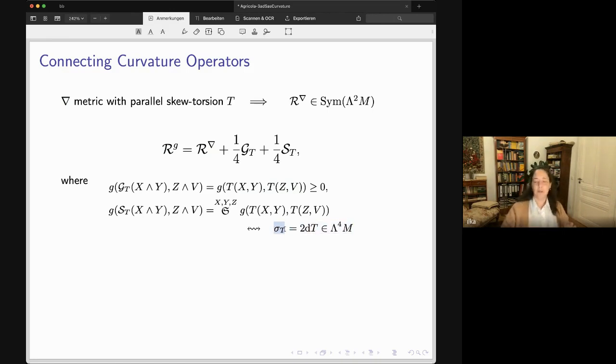Sigma T captures a lot. It measures basically how non-degenerate the torsion is. And from this sigma T, there is this endomorphism S of T derived. And actually, when we started, our idea was we know from other manifolds that sigma T catches a lot of the geometry. So the question was, is sigma T the right 4-form to look at?